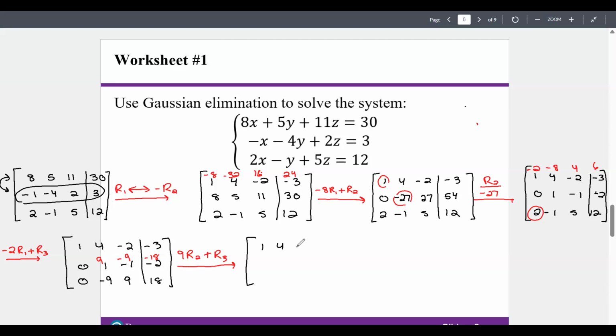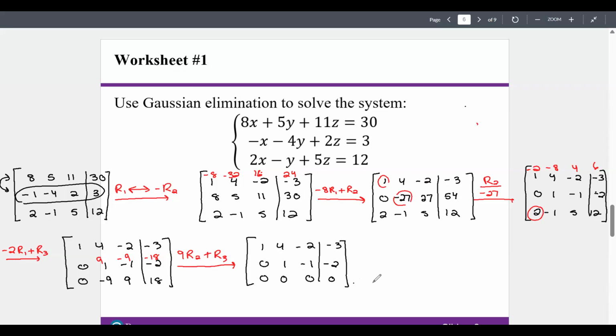So 1, 4, -2, -3. And then we'll have 0, 1, -1, -2. So 0 plus 0 is 0. 9 plus -9 is 0. -9 plus 9 is 0. -18 plus 18 is also 0.